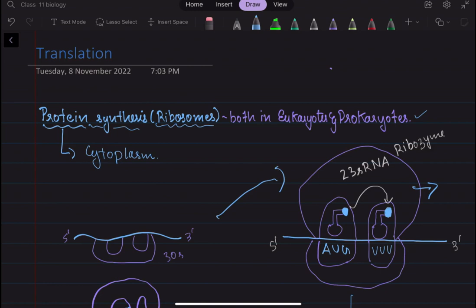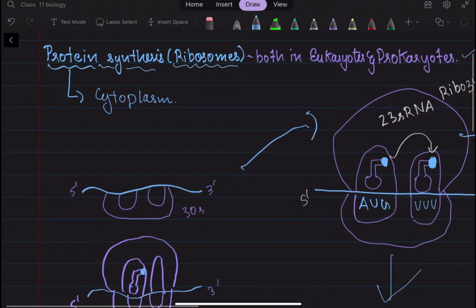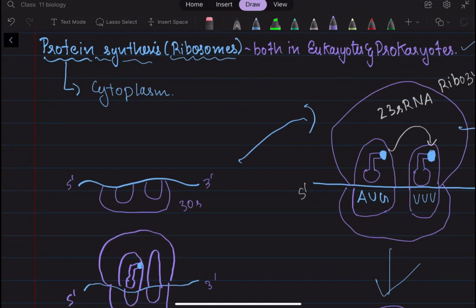So, to start off with translation, we need the tRNA molecule. The tRNA molecule first has to get charged. What is the meaning of charged? Charging is nothing but aminoacylation of the tRNA.